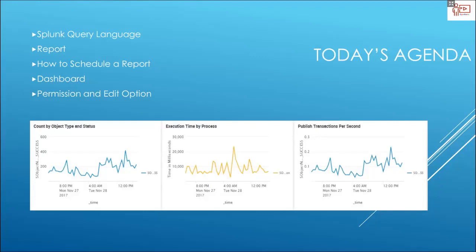So if you have already created a report or a dashboard, how to edit it, and how to give permission to another person. For example, if you have created a report and you want to give permission to your colleagues or your team members who are working with you, and if they want to access your report, how will they be able to do it? So you have to give permissions. So we will see these things.